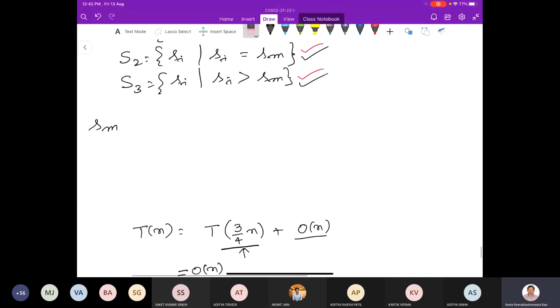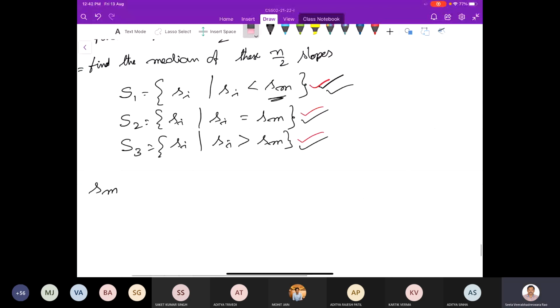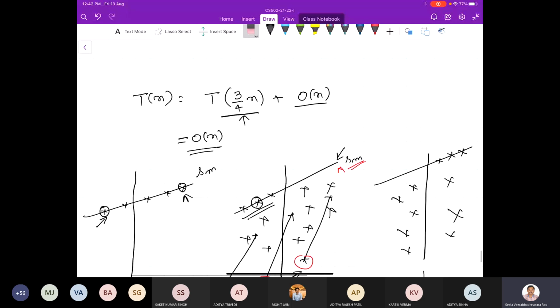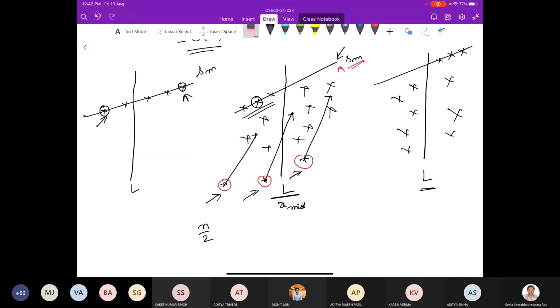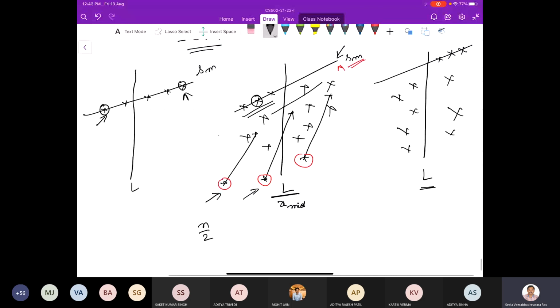Suppose you take a slope equal to this one, that is the set S2. Now let's take a line which is parallel to this one, either here or here or here, anywhere you take.